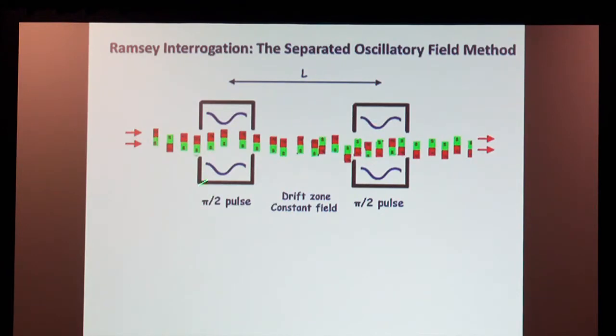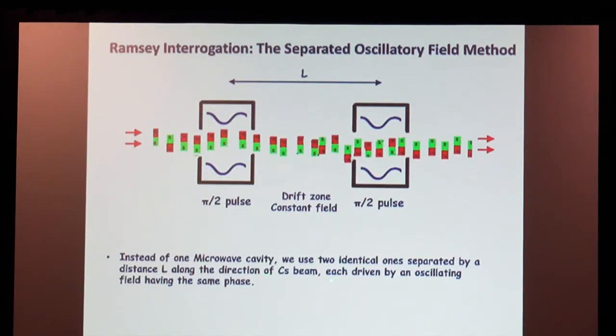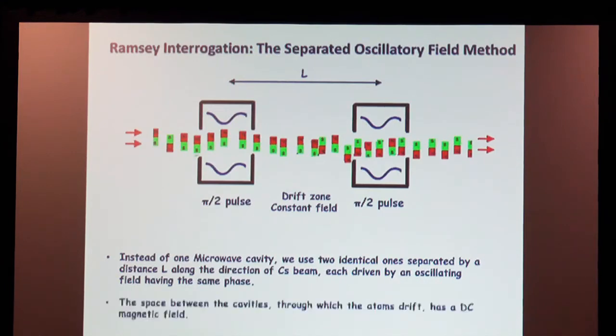So the addition of these two will be a net pi pulse, but these two are separated by some distance, capital L. Now, instead of one cavity, we use two identical ones separated by a distance along the cesium beam, each driven by an oscillating field having the same phase. The space between the cavities does not have to have microwaves. It has to have, however, a DC magnetic field through which the atoms will precess.